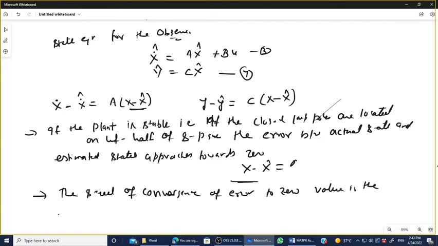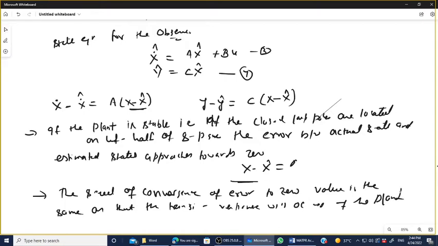It is the same as the transient response that will usually occur of the plant, remember.